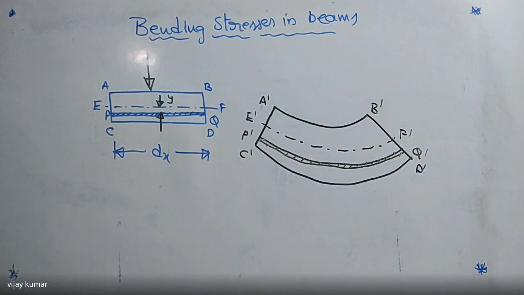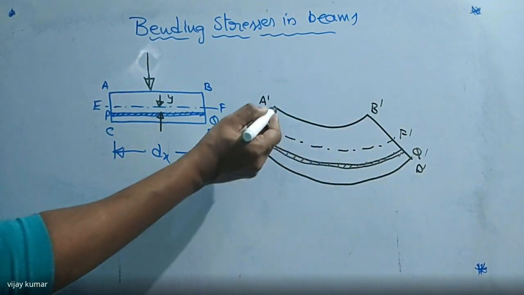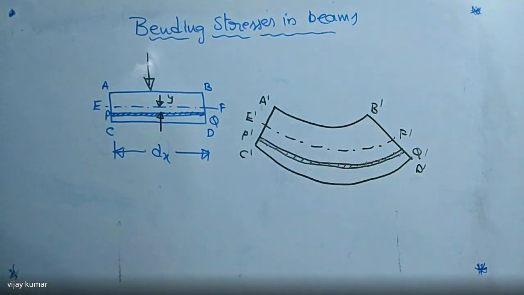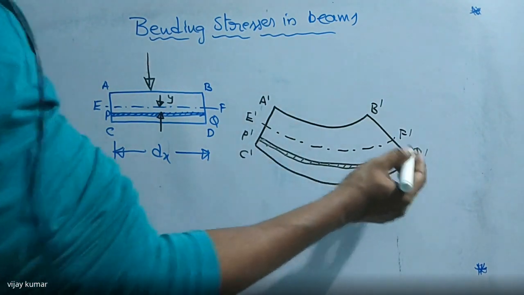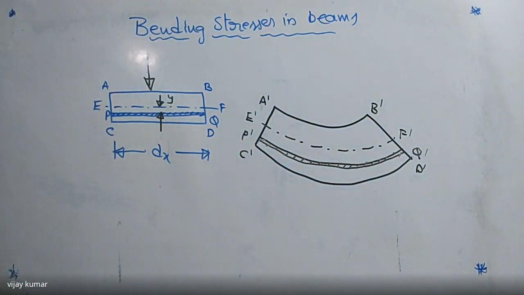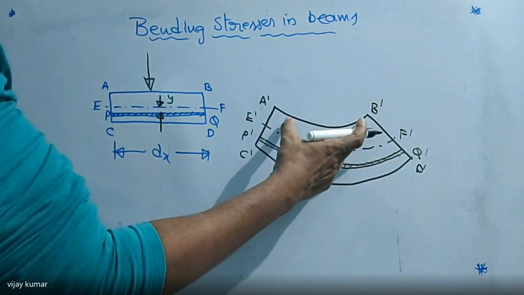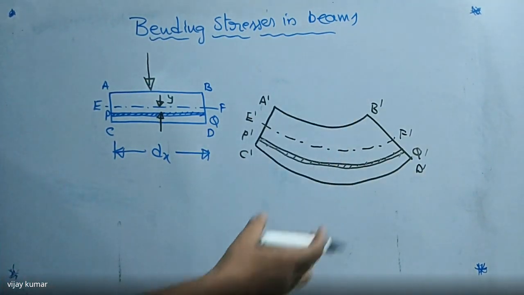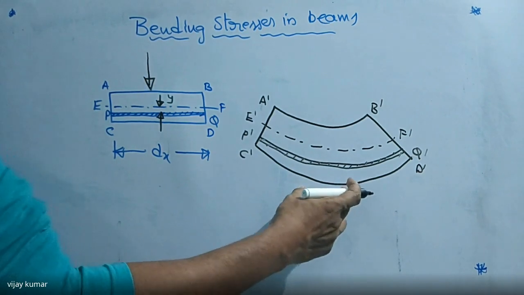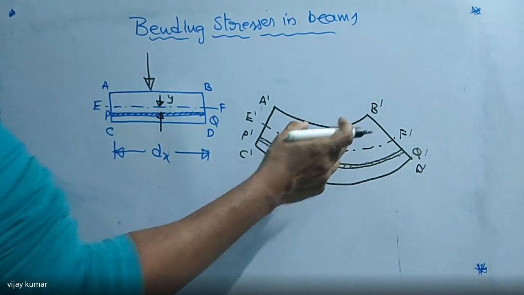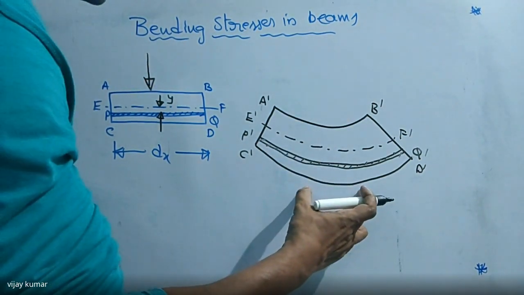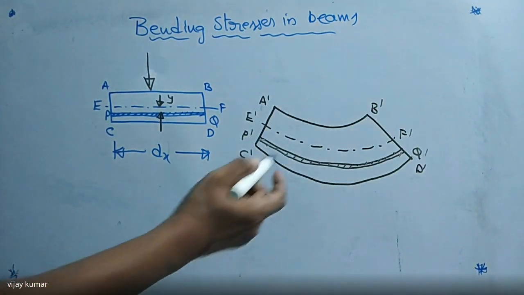Now, if you see this diagram, this top layer is under compression, the bottom layer is under tension. Get my point? This is under maximum strain, but the strain is under compression. The strain is under tension. So here we get maximum strain.